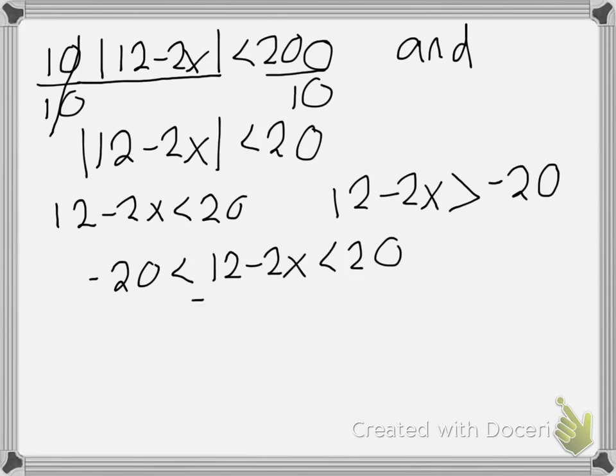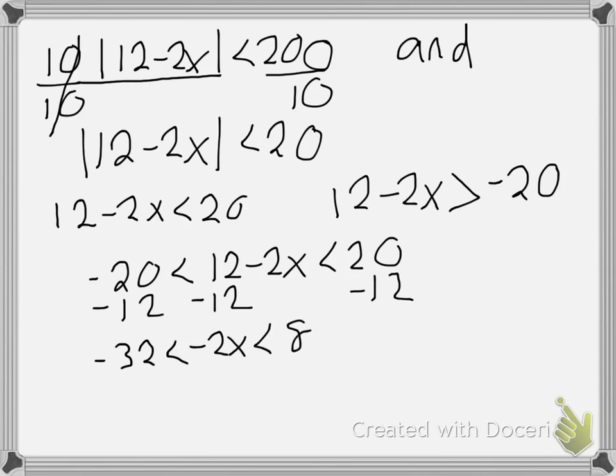Now we just keep on going. Minus 12, minus 12, minus 12. So I have negative 32 is less than negative 2x, which is less than 8. Go divide by negative 2. So again, what's going to happen? I'm going to get 16 greater than x greater than negative 4.